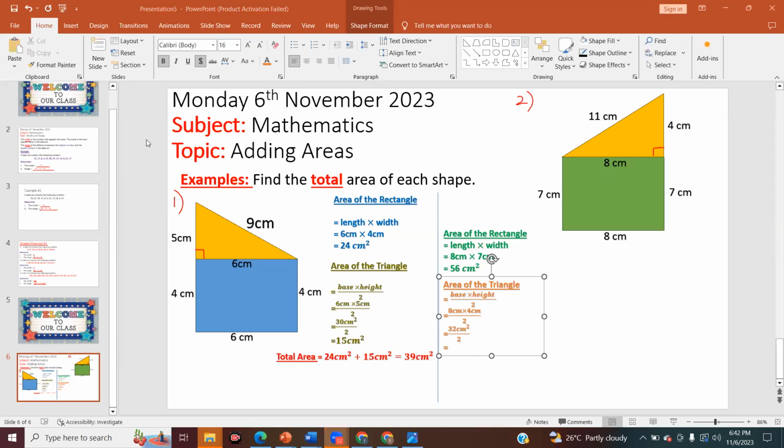Ajane, do you understand what to do? Yes, sir. All right. Ma, do you understand what to do? Yes, sir. All right, good. What did you get for the area of the triangle, Ma? 16 centimeters squared.